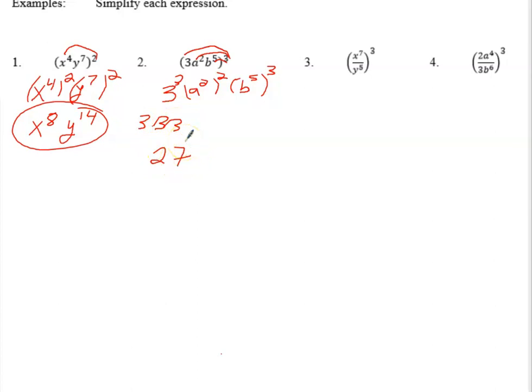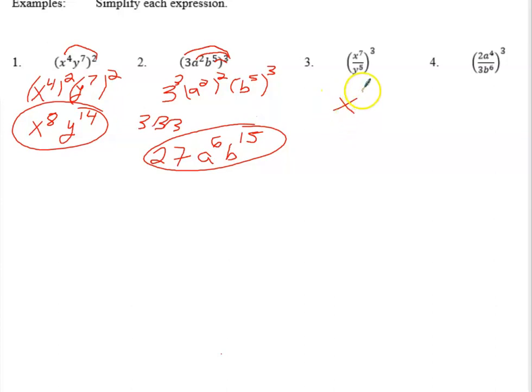We're only going to multiply our powers. So a squared to the third, 2 times 3 is a to the sixth. 5 times 3 gives us 15. So our final answer is 27, a to the sixth, b to the 15th.